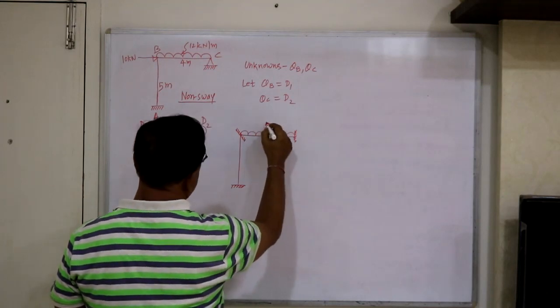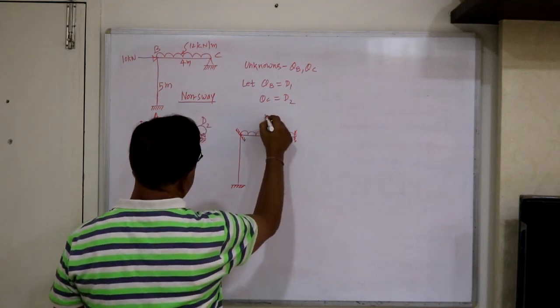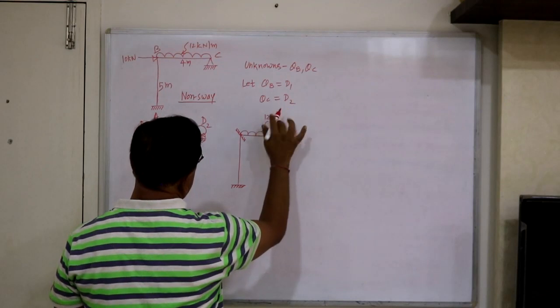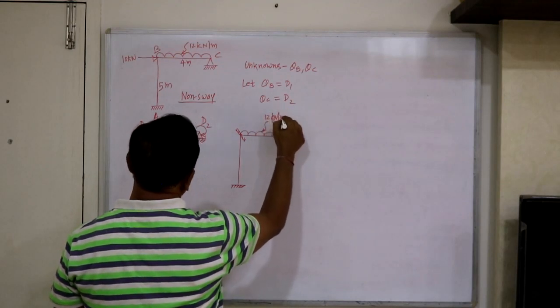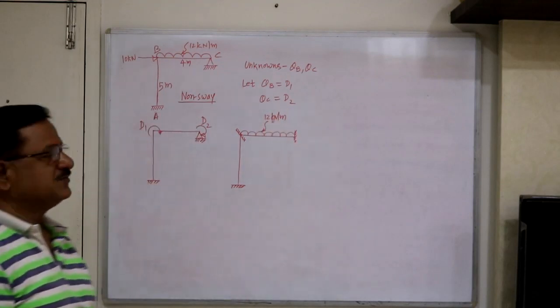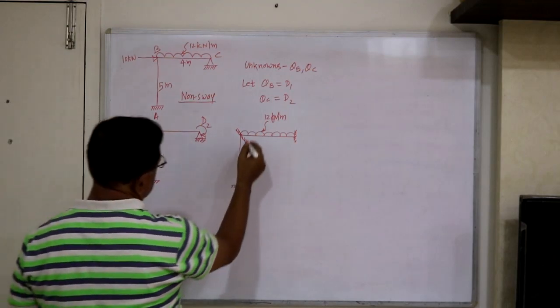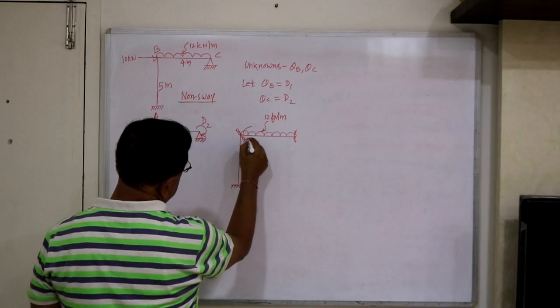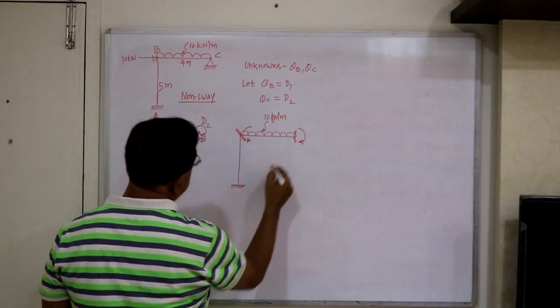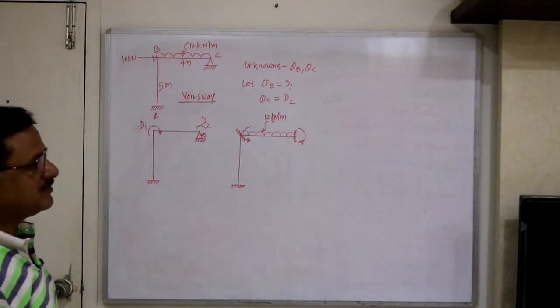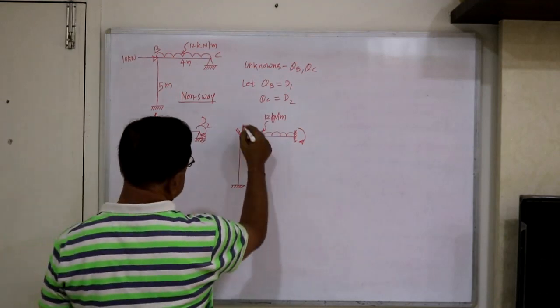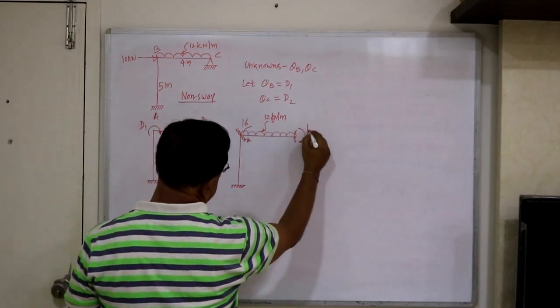Member loading only you show, 12 kilonewton per meter, because 10 kilonewton is a horizontal load, that is joint load. So find out the fixed end moments. So WL square by 12. So we know this is 60 and this is 60.